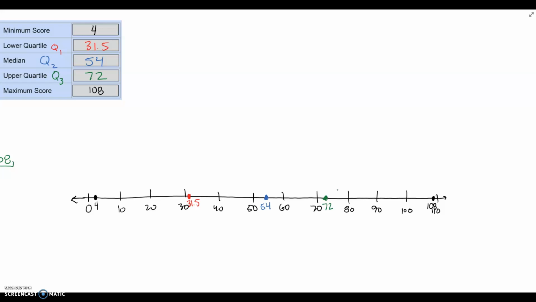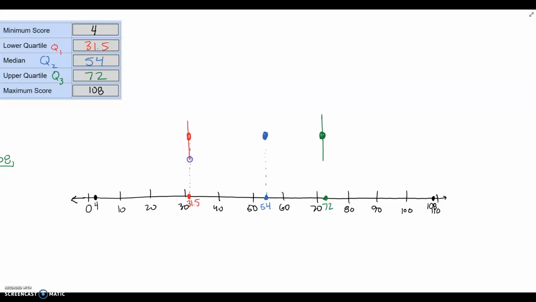All right, so now go ahead and bring your quartiles up. So bring this up, right about there. Bring this one up. You don't have to do those little dots there. Bring that one up. And you're going to make lines. This is going to be your box.